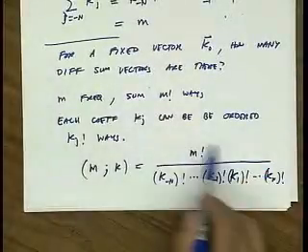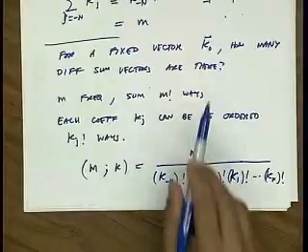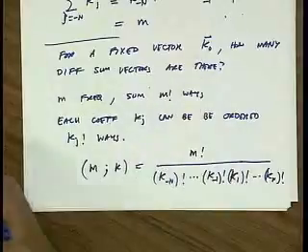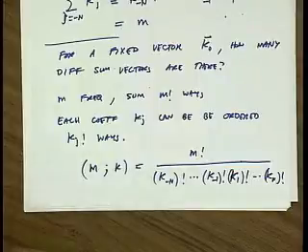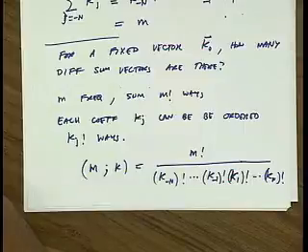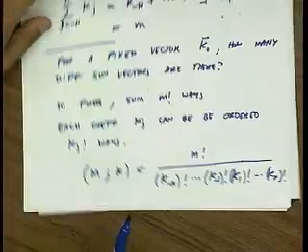So this tells me the total number of ways I can build a given k0 vector. Does that make sense to everybody? Questions? Okay. It's too easy. No questions.